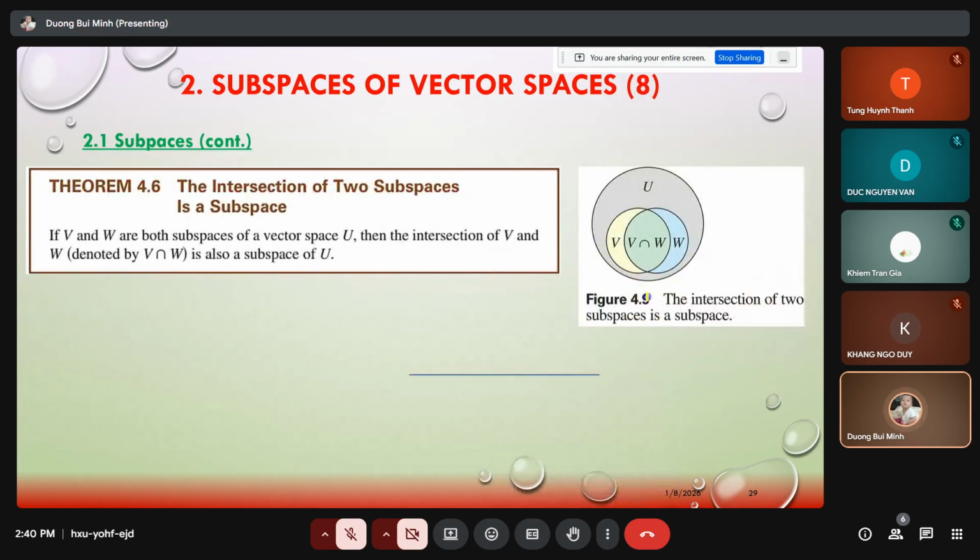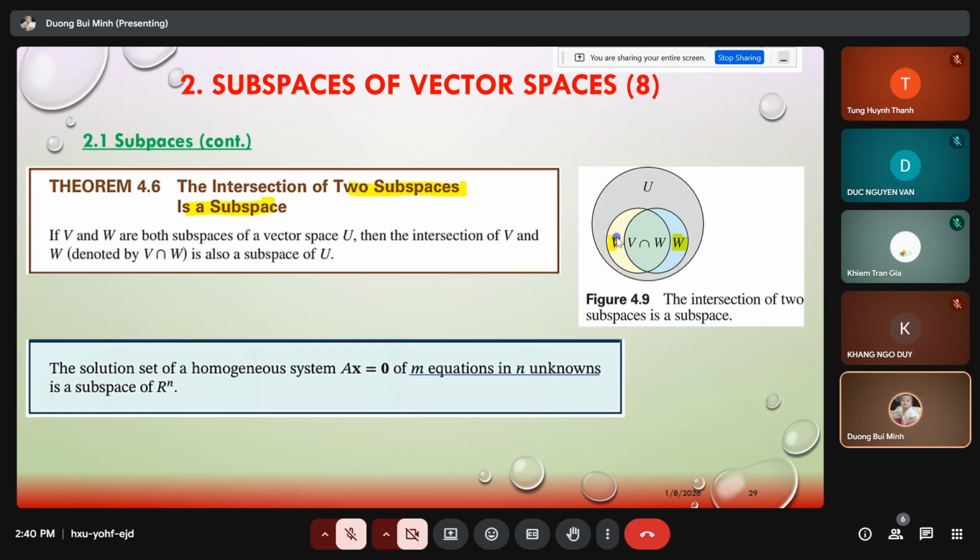We also have the theorem of the intersection of two subspaces. The intersection of two subspaces is also a subspace. For example, we have the subspace W and the subspace V, so the intersection between V and W is also a subspace. For example, here we have another subspace, another line like this. We have zero, right?